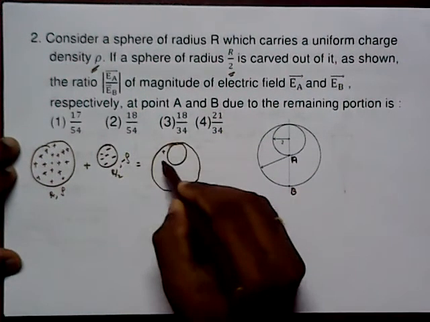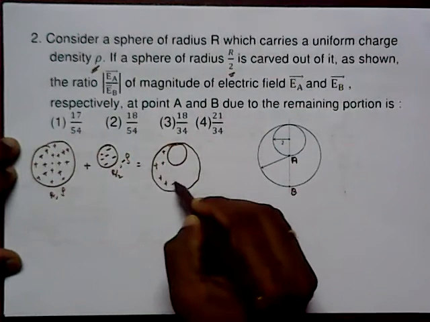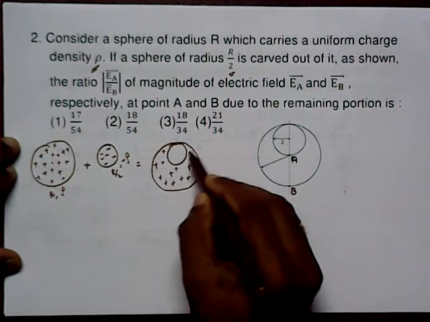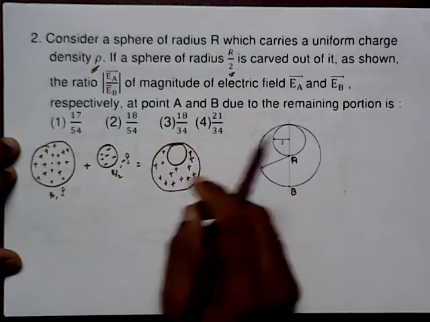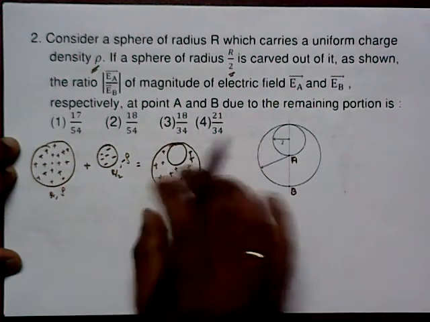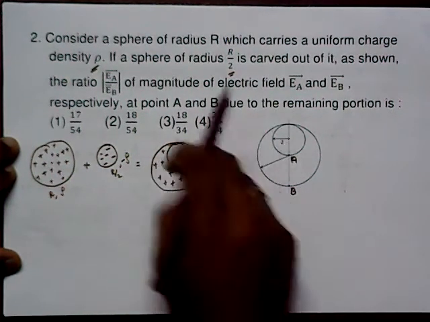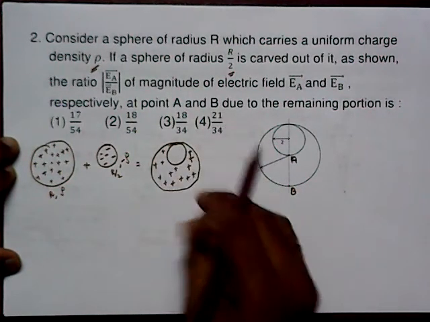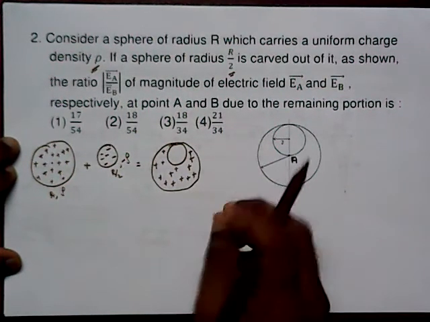So it is a very important concept. With the introduction of negative rho, it is equivalent to the removal of that part from the solid sphere. Because of the introduction of that concept, we can easily solve the problem.